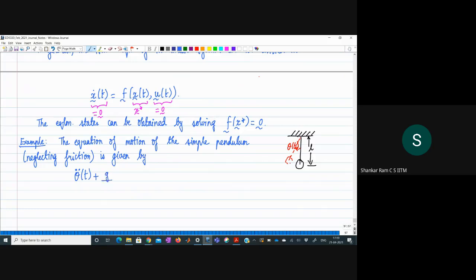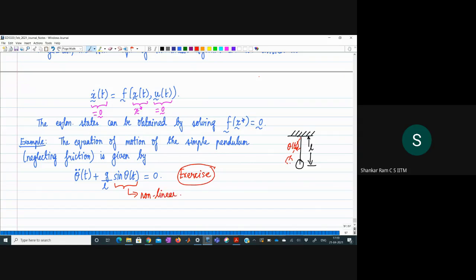This governing equation would be theta double dot of t plus g by L sine theta of t equals 0. It's a second order equation, and immediately we can see that this becomes a nonlinear ODE because sine theta is a nonlinear function of theta.